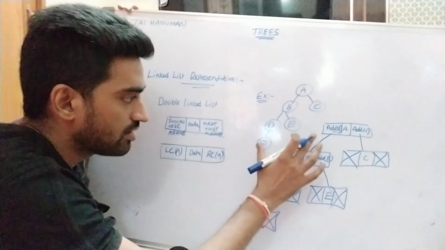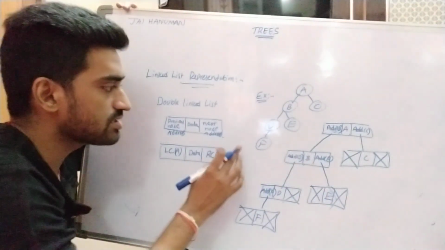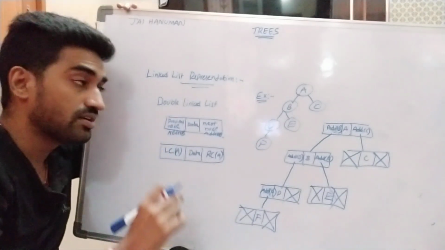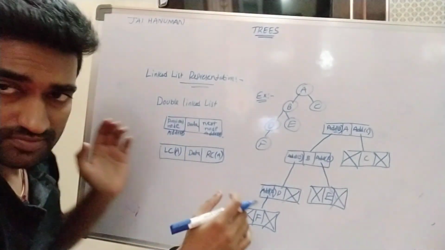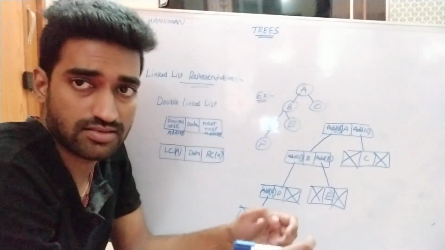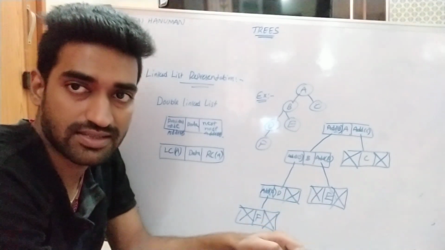This is the linked list representation for binary trees, where binary trees are represented with the help of a double linked list data structure. This is about the representation of binary trees. If you have any doubts regarding this session, please post them in the comment section. Thank you.